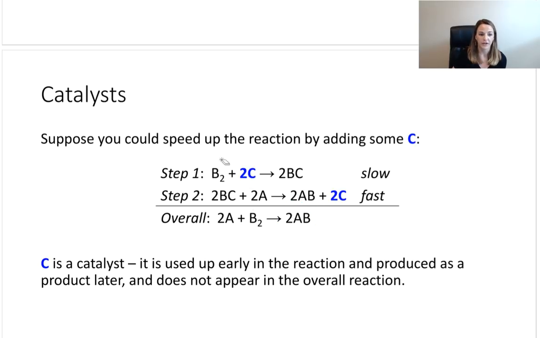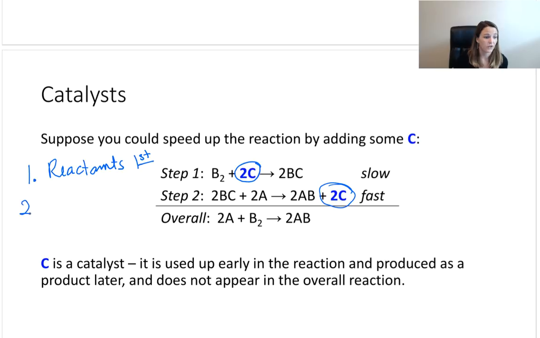So now what we have here is we have our 2C, which we said was our catalyst. So our 2C is going to be a reactant first, number 1. Catalysts are reactants first. And then in the second step, because they're used up in the first step, in the second step they're going to be a product.